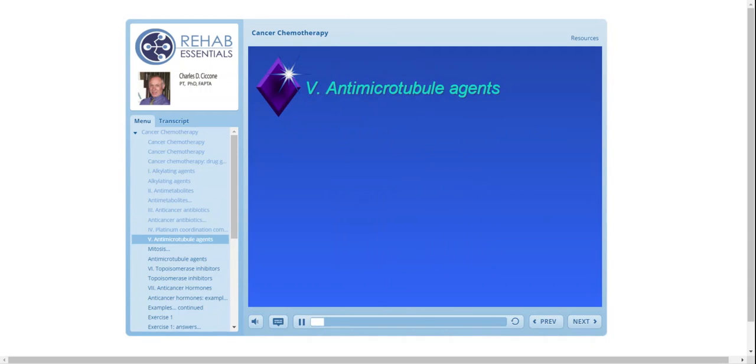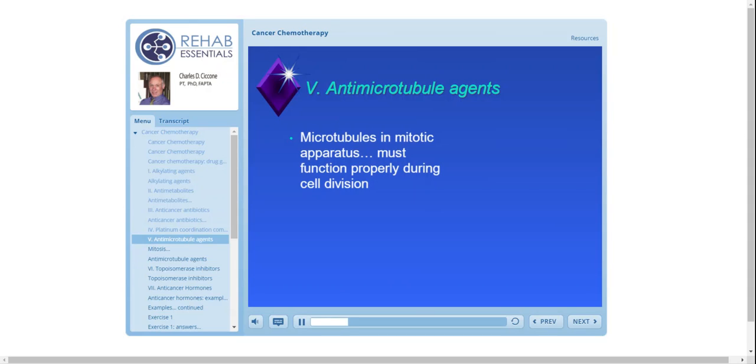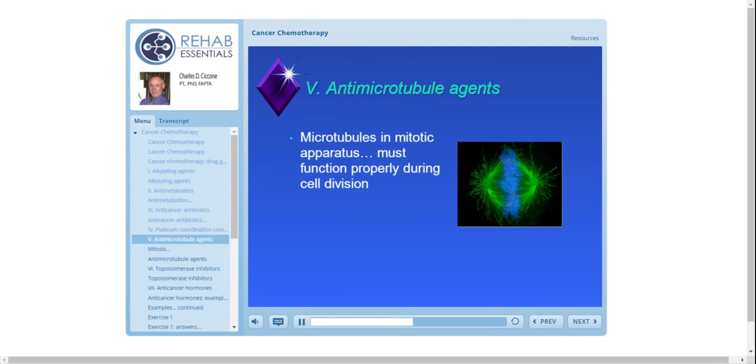This group are the antimicrotubule agents. Now the microtubules, you remember from biology class, are important in the mitotic spindle or the mitotic apparatus that directs the cell during division to form two new cells. And this mitotic apparatus must function at the proper time and proper speed, proper rate, to allow cell division to occur.